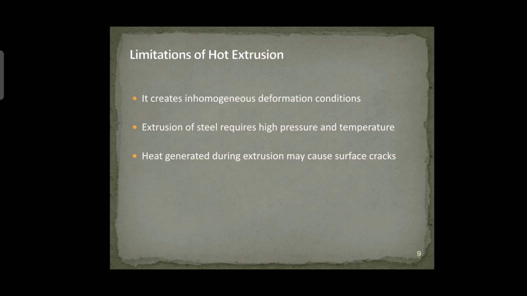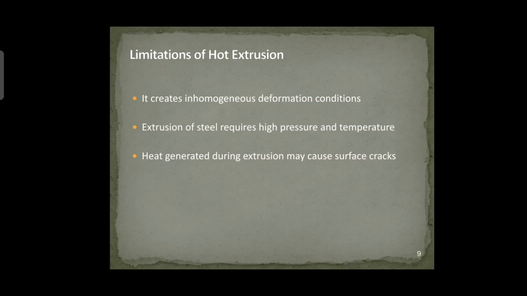So this process creates inhomogeneous deformation conditions. And with the heat generated, for the extruded part coming outside, there is a chance that some surface cracks may develop during extrusion on the surface of the product which is extruded out.